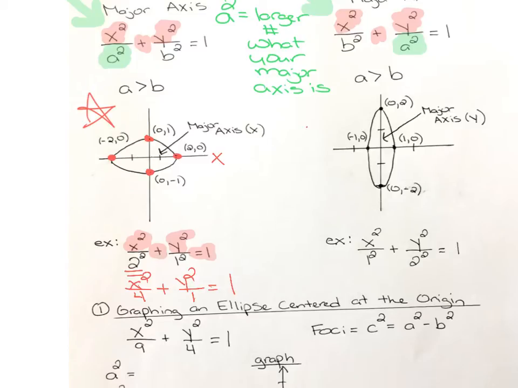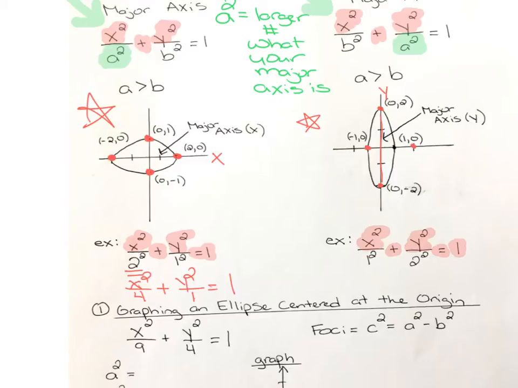On the right-hand side, you can see that on the y-axis we have gone up 2, and on the x-axis we've gone left 1 and right 1. Y is going to be your major axis because the longer length is on the y. So you write x squared plus y squared equal to 1.